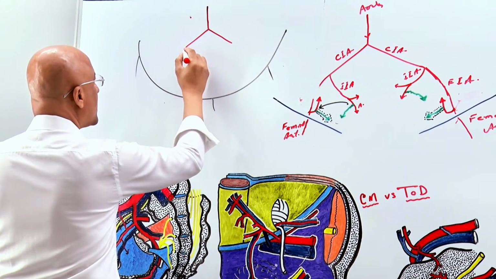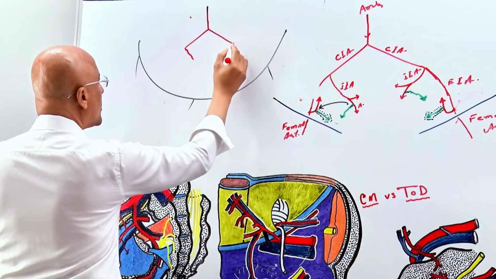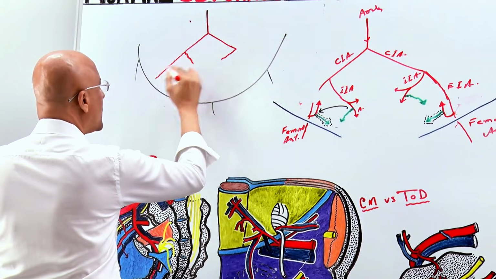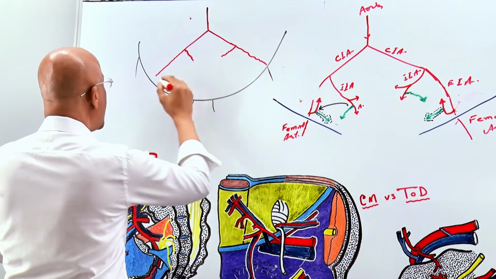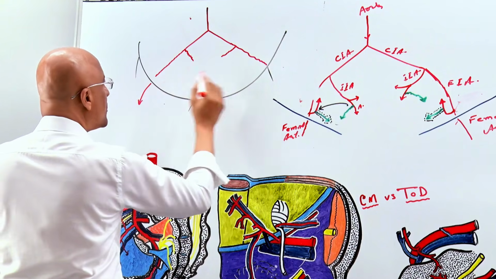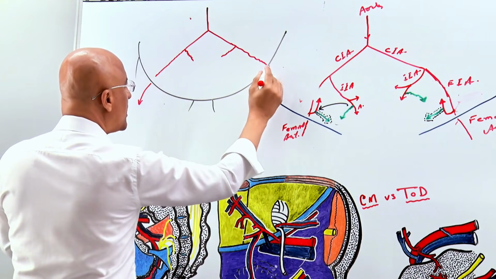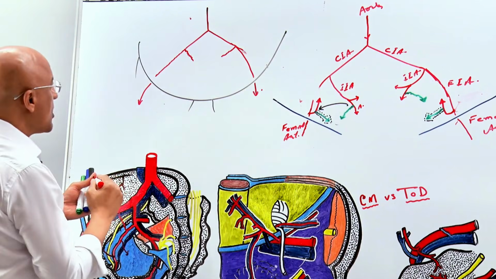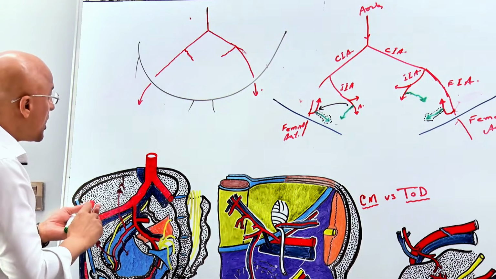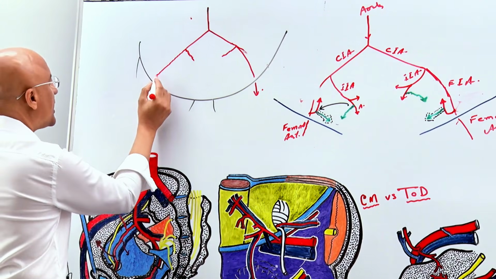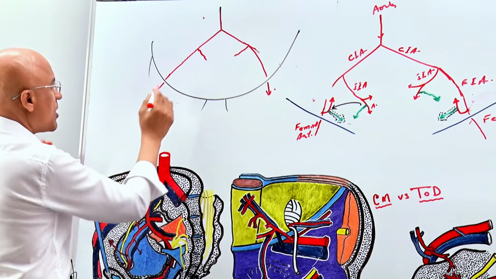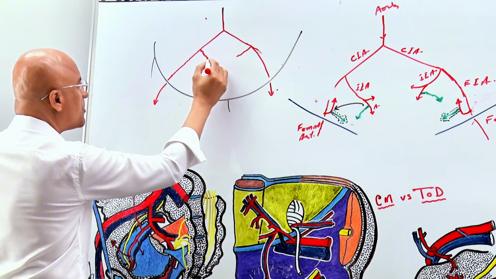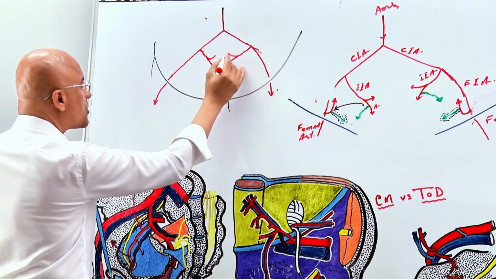Then common iliac, internal iliac, and it continues as external iliacs, and this will become the femoral arteries here. Femoral arteries, right? Here was the external iliac, and this was the internal iliac. It gives an anterior division and a posterior division.